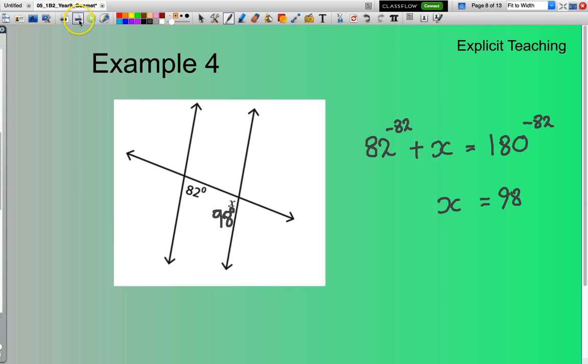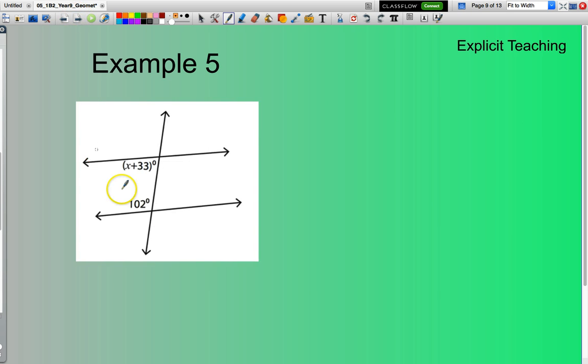Okay, just 2 more examples to go. Next example, we're trying to calculate x. Again, just like the previous one, these are interior angles. So I know that this angle plus this angle add to 180 degrees.